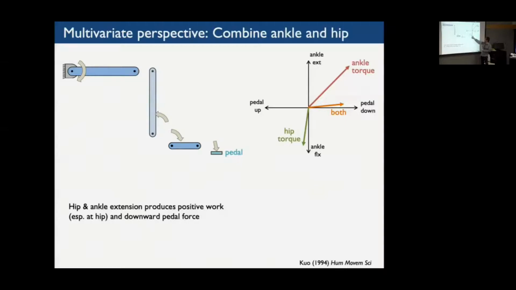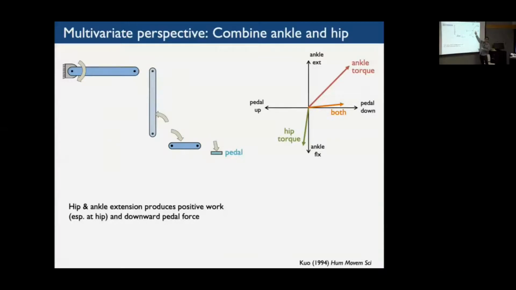So the green arrow is going in the wrong direction of pedal force, but that's no big deal when you look at these arrows. These two things add up to this. And so one problem that we have is this idea that downward force good, upward force bad. I don't think people said that explicitly, but I think that has been implied in the analyses.